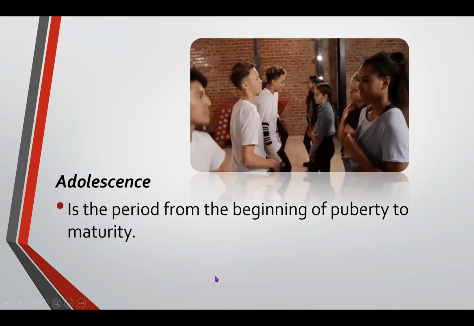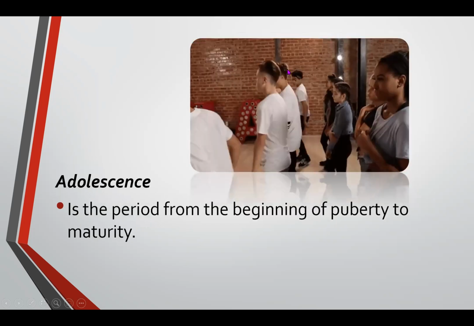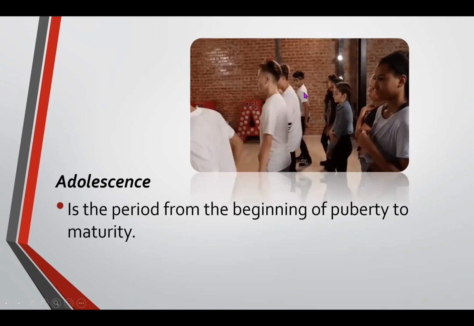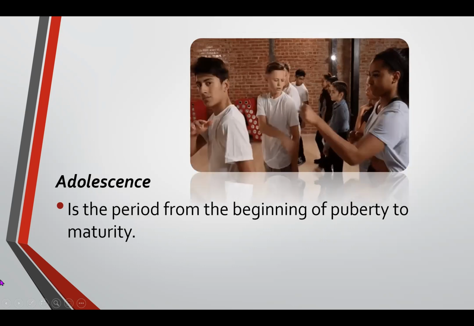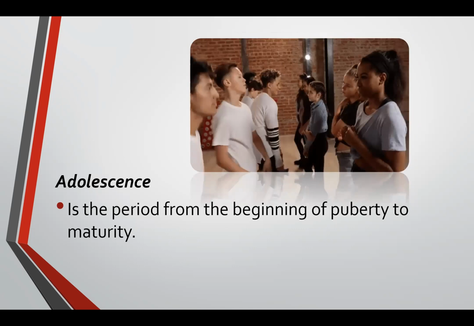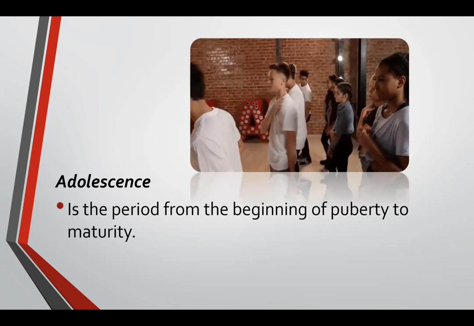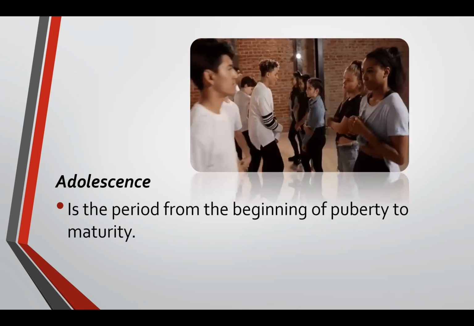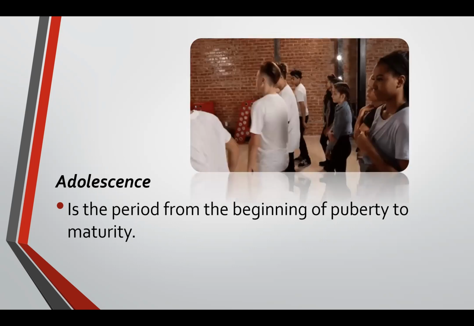Next, adolescence. Look at the picture, look at the screen. These are the adolescent stage. It's the period from the beginning of puberty to maturity. Just like you are in the adolescence period. Students, Matayom 3/2, you are adolescents.